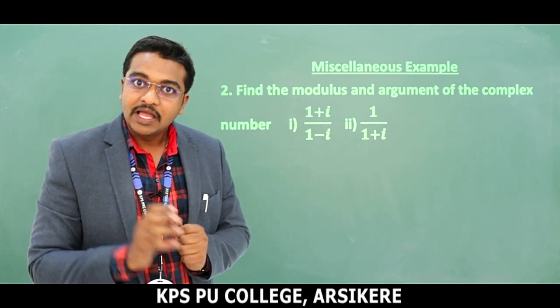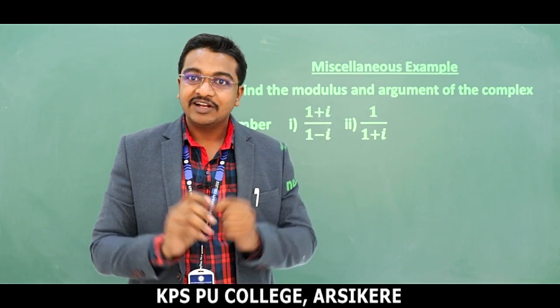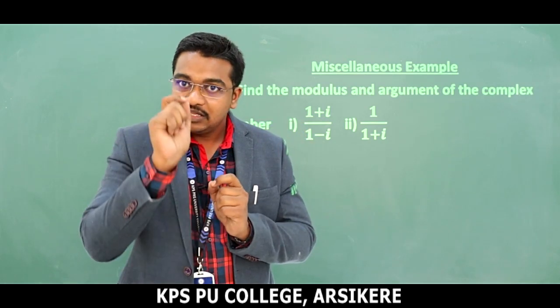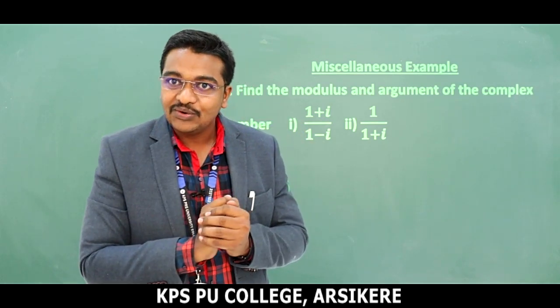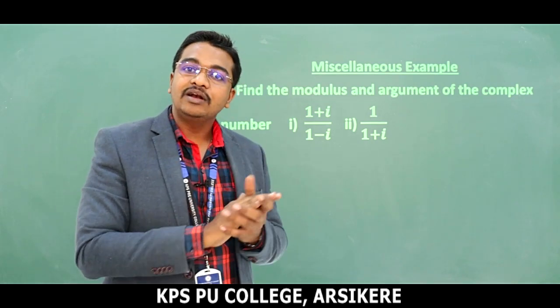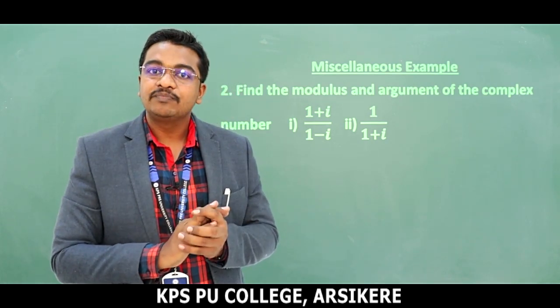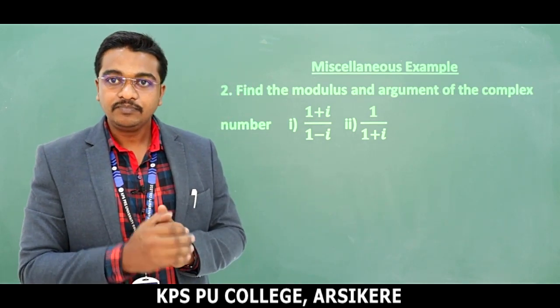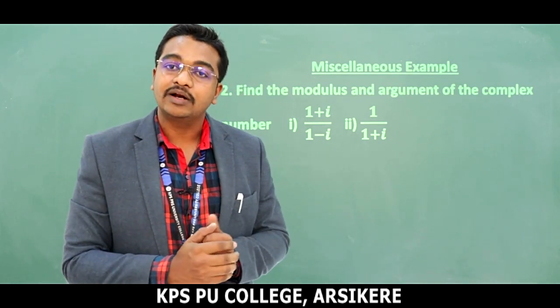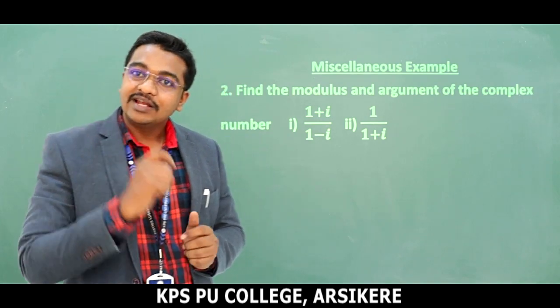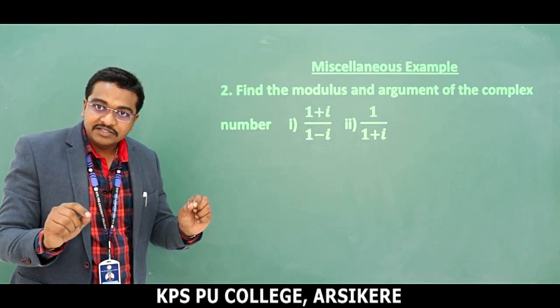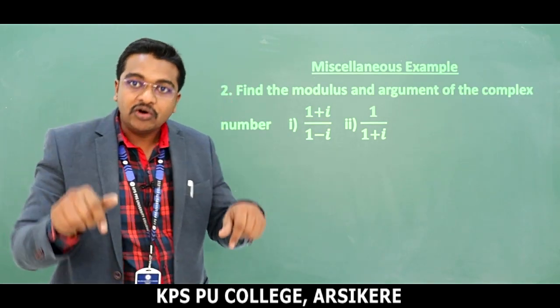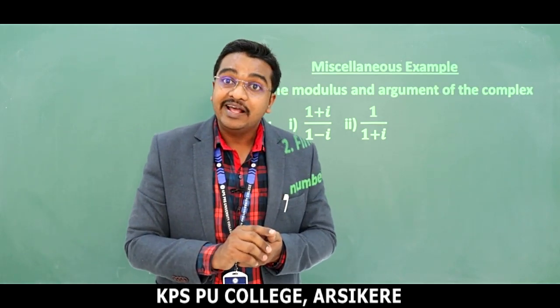Just remember principal argument, we take alpha. Theta is equal to alpha in the first quadrant, in the second quadrant theta is equal to pi minus alpha, in the third quadrant theta is equal to alpha minus pi. Whereas in the case of the fourth quadrant theta is equal to minus alpha, where alpha is equal to tan inverse of modulus of y divided by x.